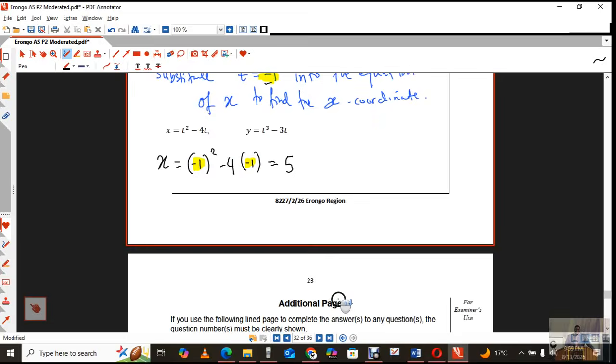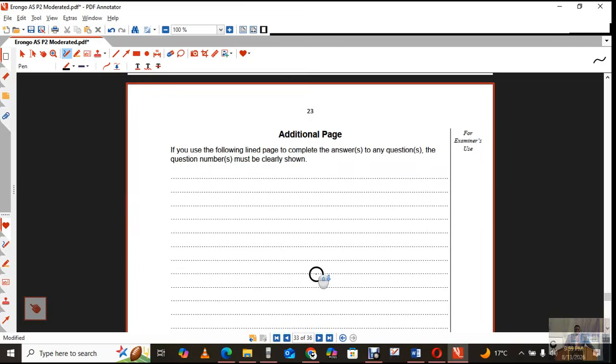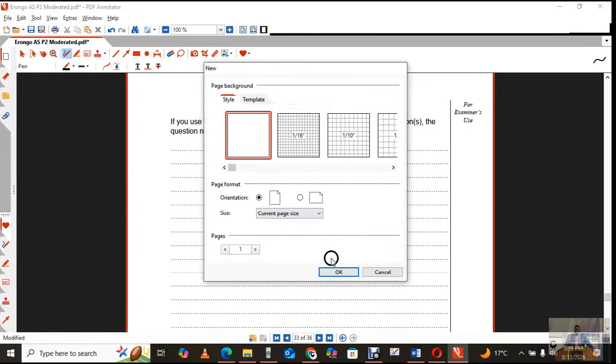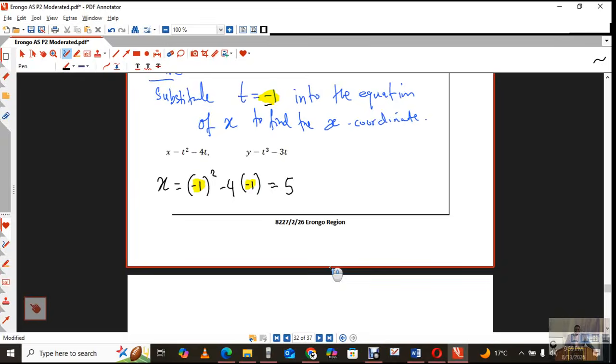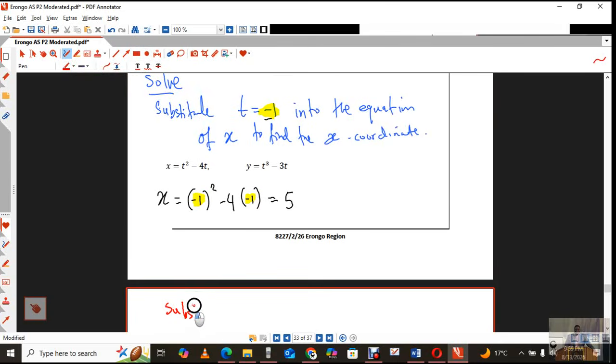Similarly, maybe I must just, again, include my page. This is the last page that I will insert. Similarly, you are going to substitute t equals -1 into the equation of y.